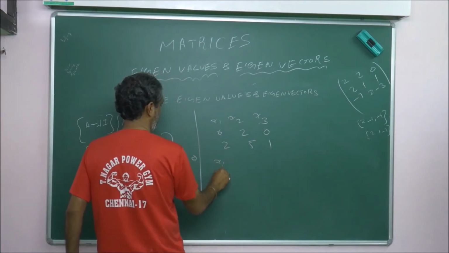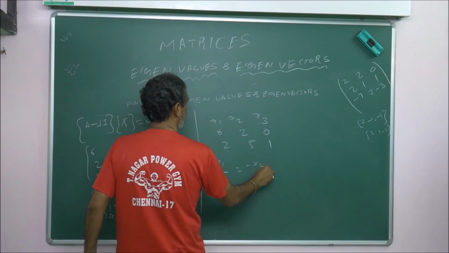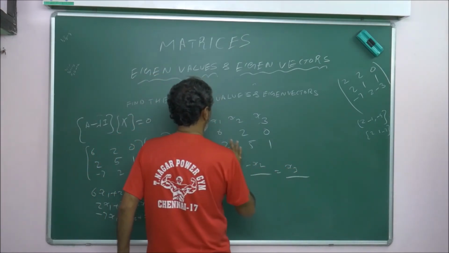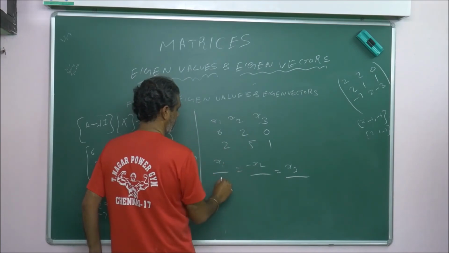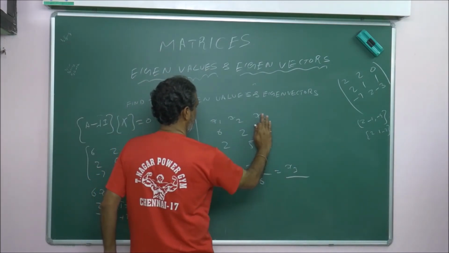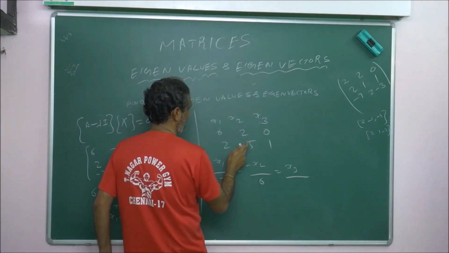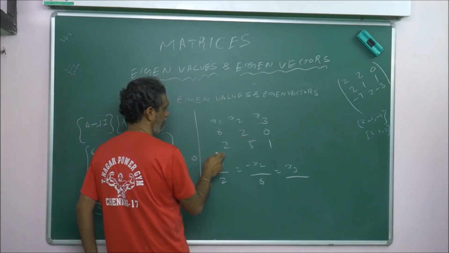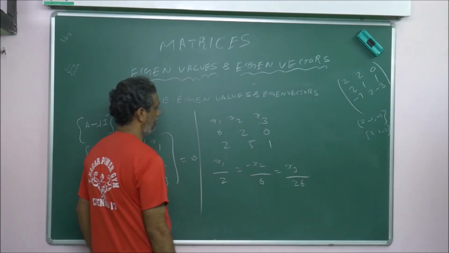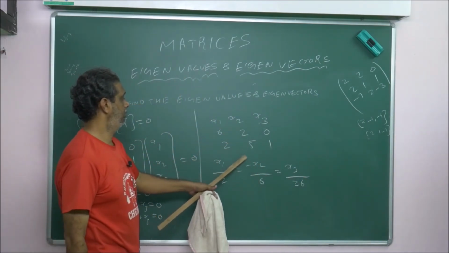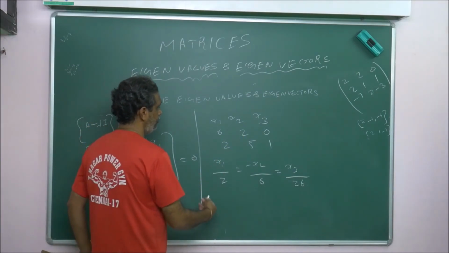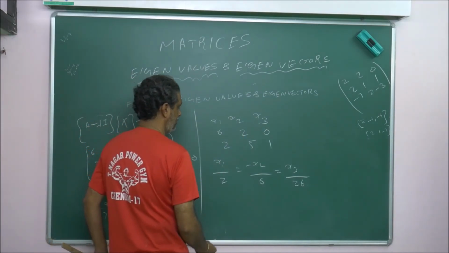Then x1 by minus x2 by x3 by. x1 means leave this, AD minus BC, 2. x2 means leave this, 6. x3 means leave this, 6 times 5 is 30, 30 minus 4, 26. Correct or not? 30 minus 4. If you want, you can cancel 2 throughout.